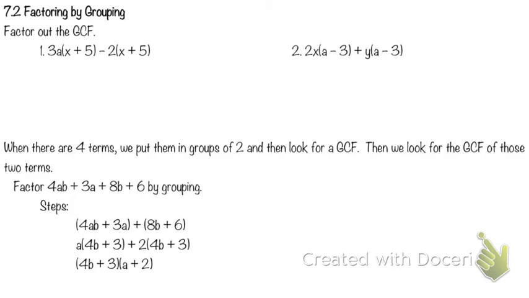So like in the homework, when we had a 12 and a 9, we said, hey, 3 multiplies to both those numbers, so 3 is a factor. Here, we have 3a and x plus 5. So we could say 3a is a factor, and we could also say x plus 5 is a factor, because these are two things that are multiplying. Does that make sense? So x is not a factor, 5 is not a factor, but x plus 5 is.